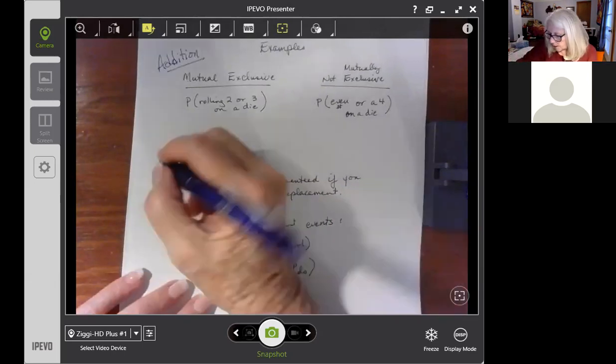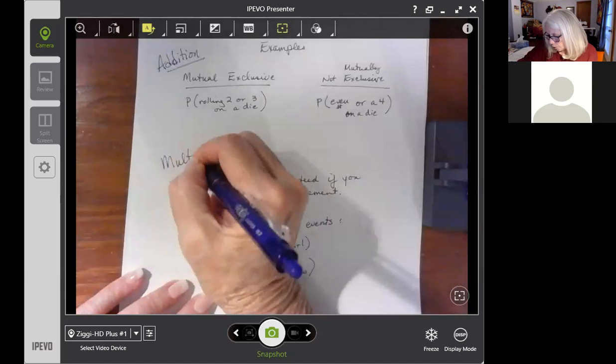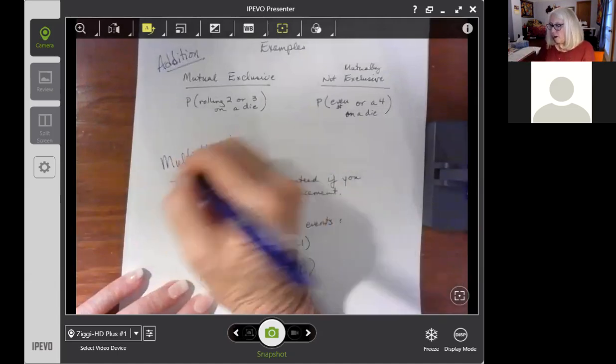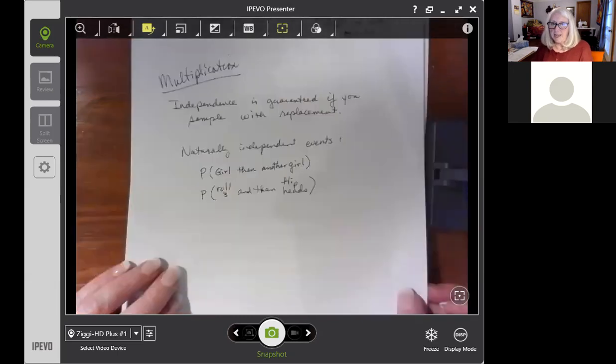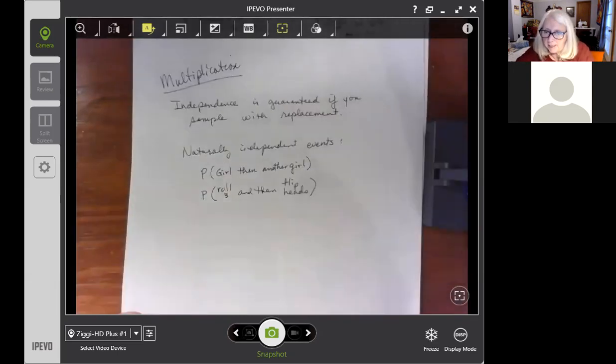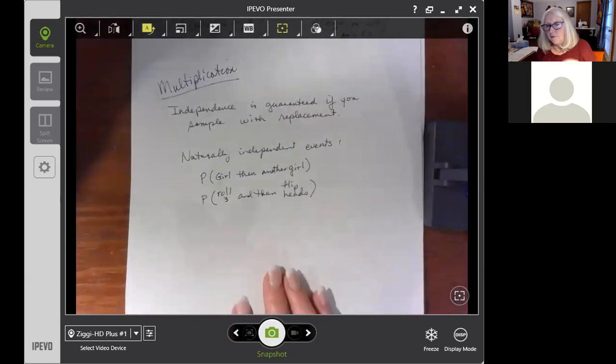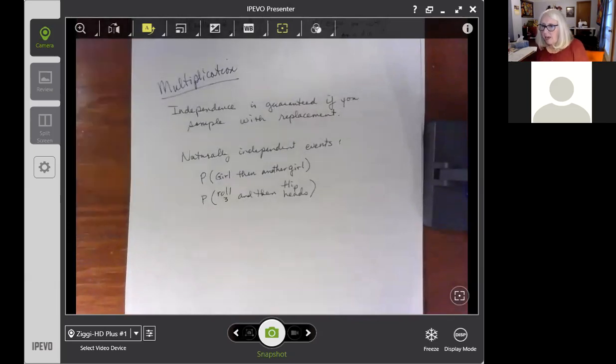When you are doing something with the multiplication rule, you have to think about a different idea, and that's independence. And independence is this idea of whether or not the occurrence of the first thing can affect the probability of the second thing.